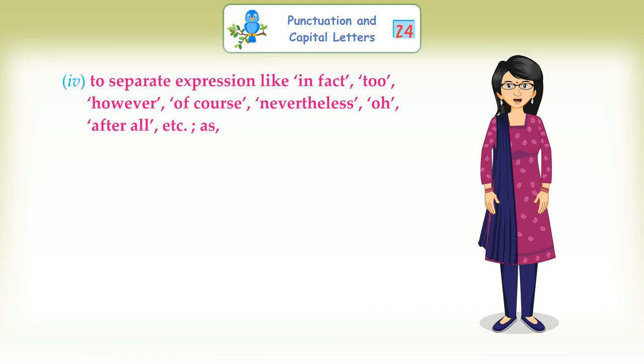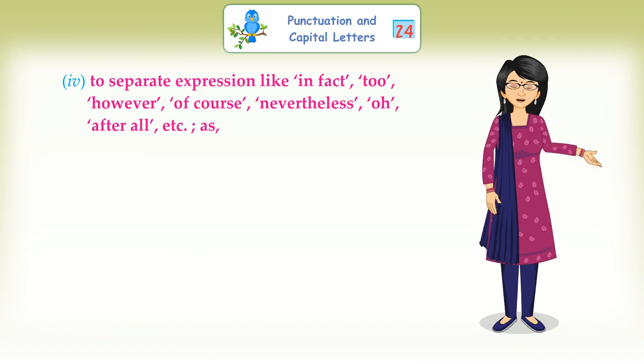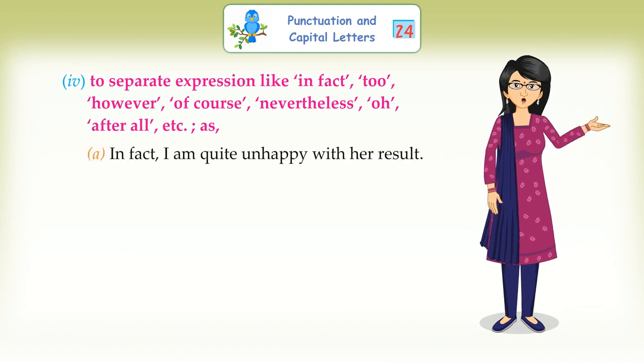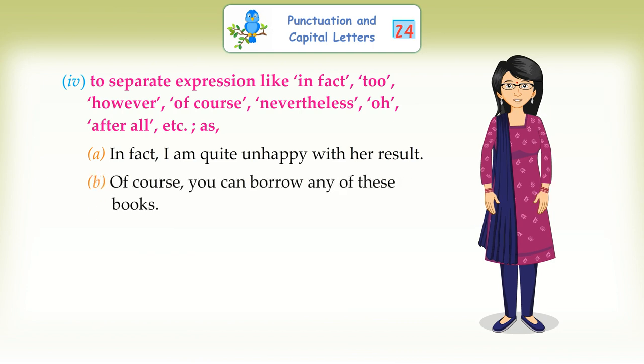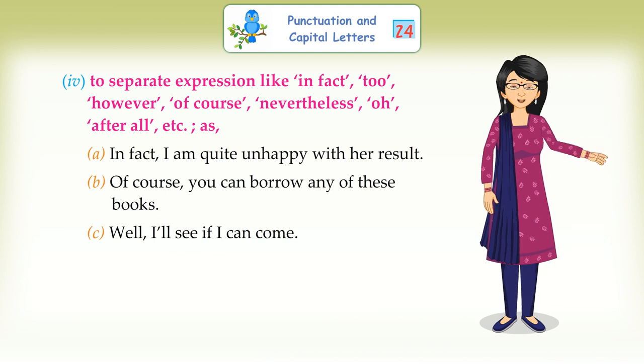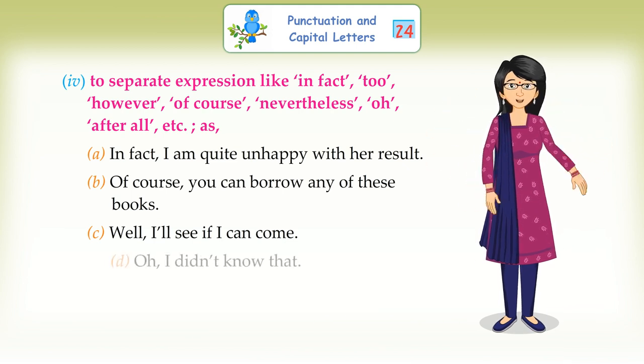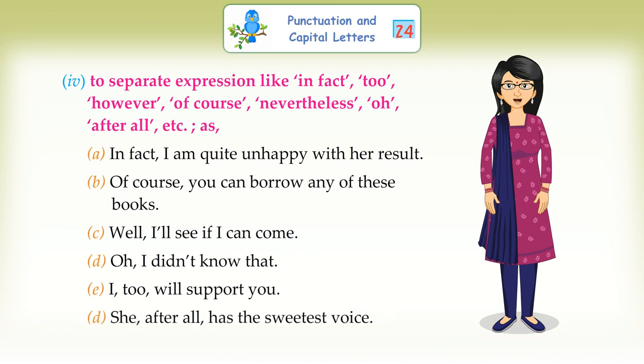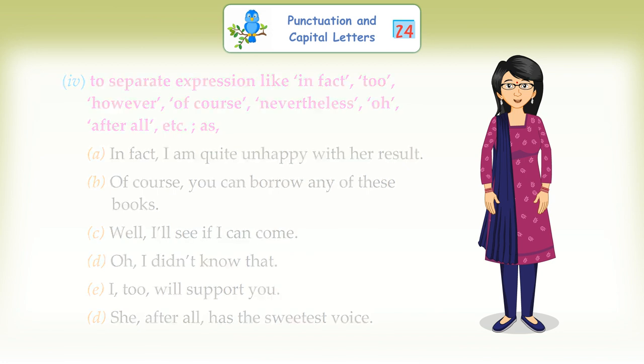To separate expressions like in fact, too, however, of course, nevertheless, oh, after all, etc., as: In fact, I am quite unhappy with her result. Of course, you can borrow any of these books. Well, I'll see if I can come. Oh, I didn't know that. I, too, will support you. She, after all, has the sweetest voice.